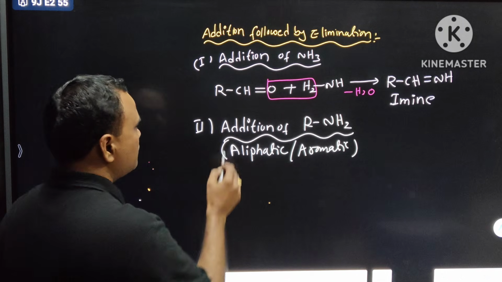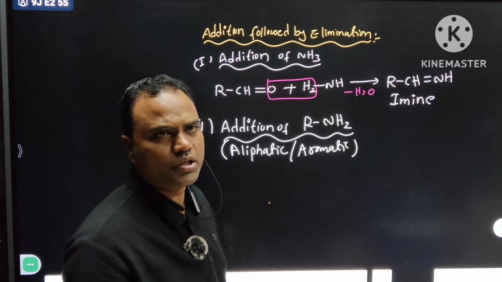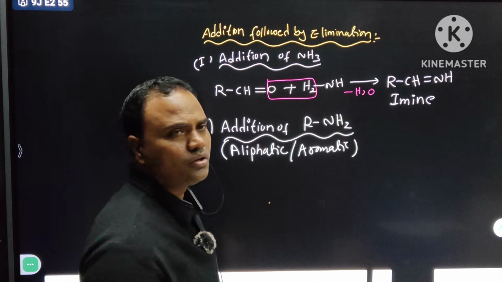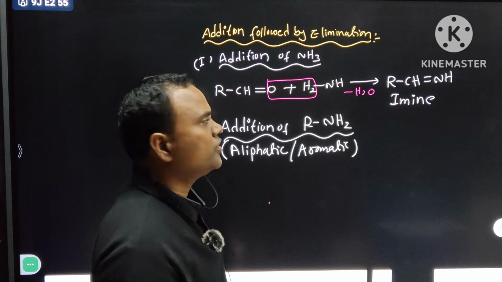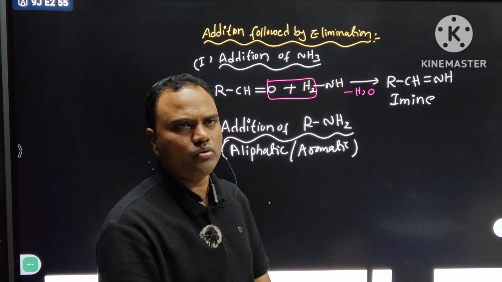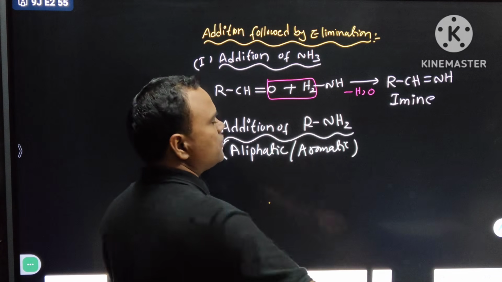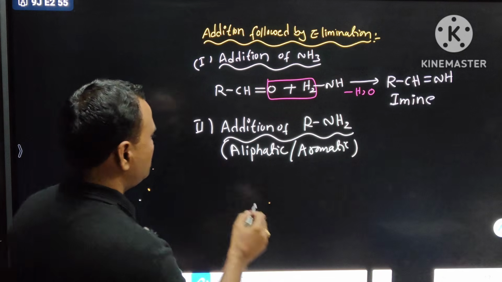Now let us see. I am taking aldehyde. You can take ketone also, not only aldehyde, but you have to draw like this. Oxygen should be at the end, so that we can remove hydrogen and oxygen as water easily. If we write at the ends, we can combine and we can eliminate. Clear? Right.